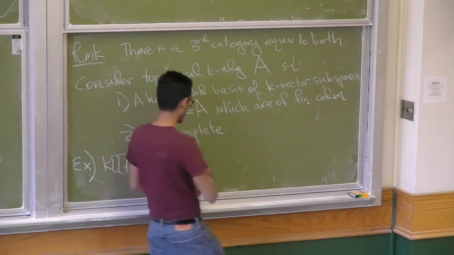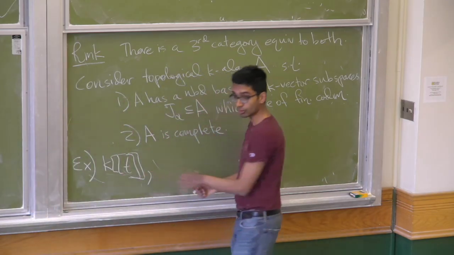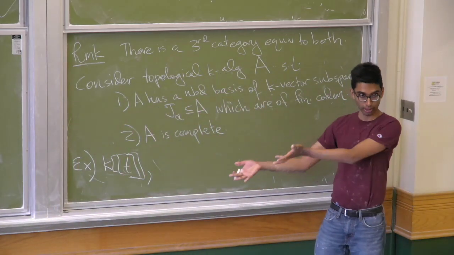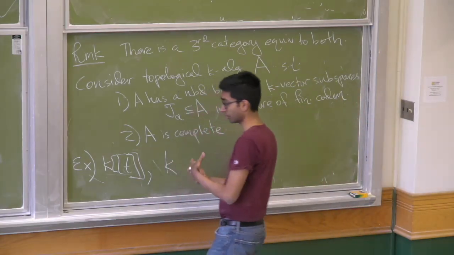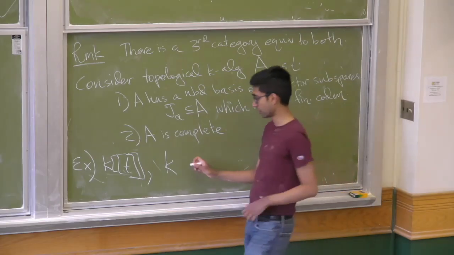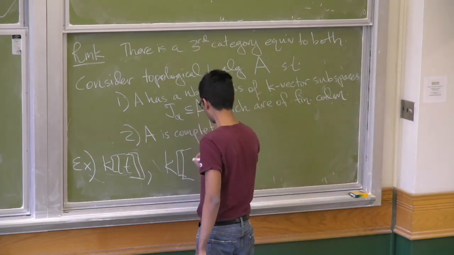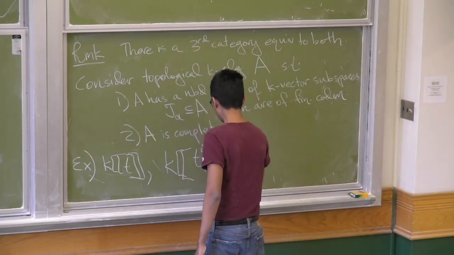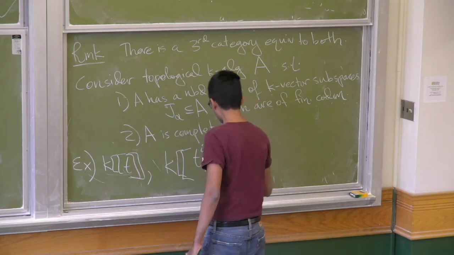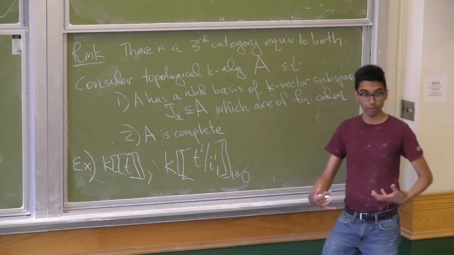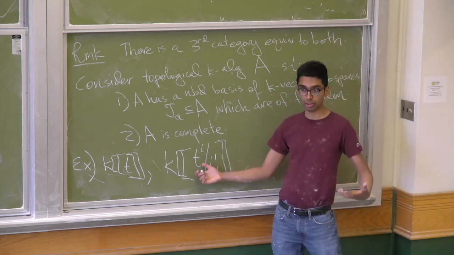But we could also consider this ring that came up in some of the earlier talks, the divided power version of this. I'll write this as K double brackets T^i over i factorial for all i greater than or equal to 0, all infinite series in expressions T^i over i factorial.